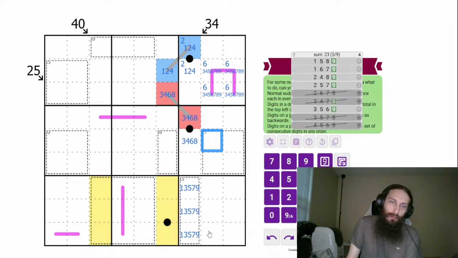Well, we do know that 2s are down here, and so are 8s. But we already know that 2 is up here, and so 2's over here. If we had an 8 in both the 23 and down here, we would remove 8 as a possibility, and it would end up being placed here.